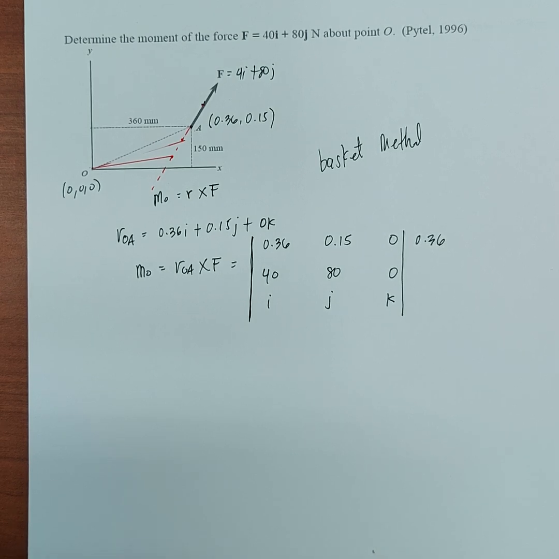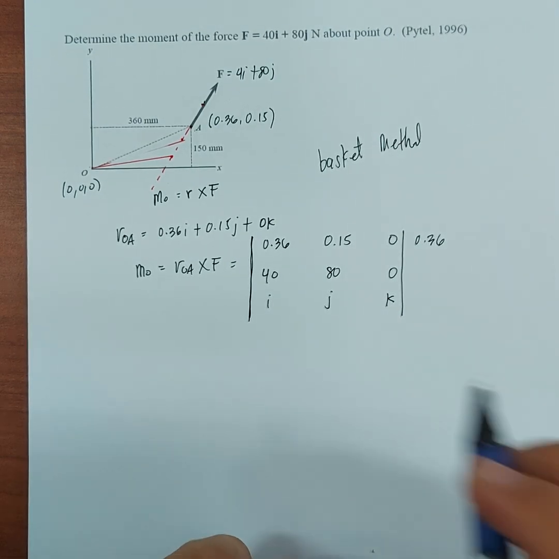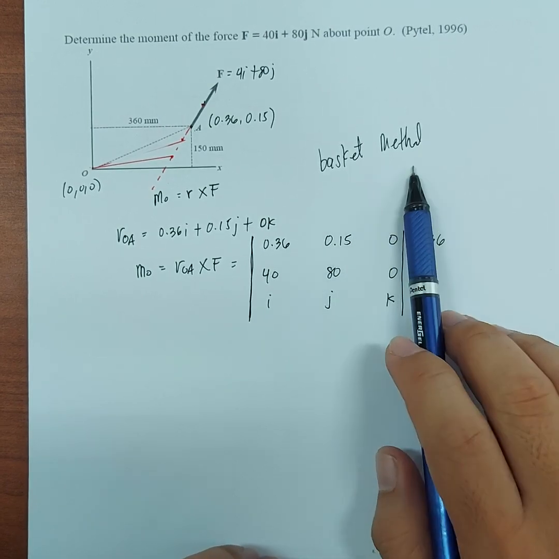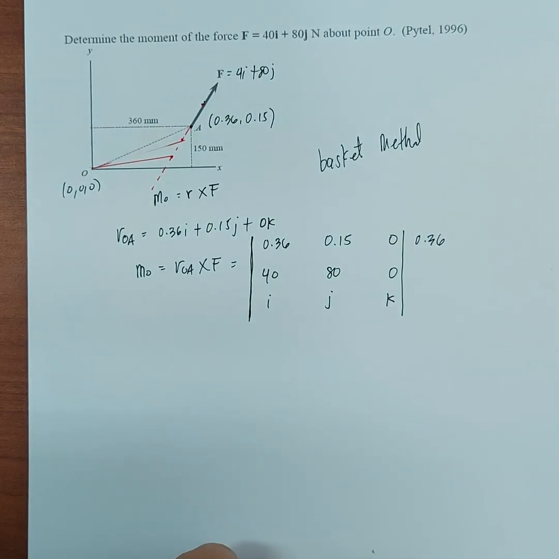But I don't know if some of you still don't know how, so I'm going to discuss in detail how to solve for the determinant of a 3 by 3 matrix using the shortcut method, which is the basket method.